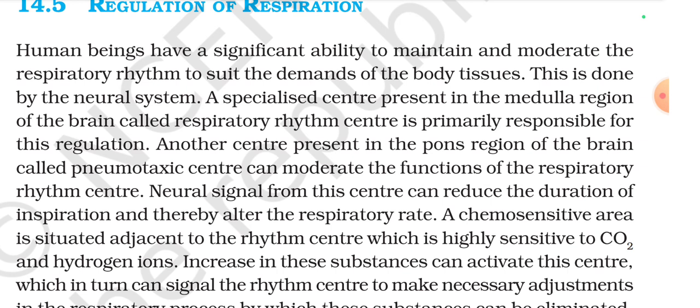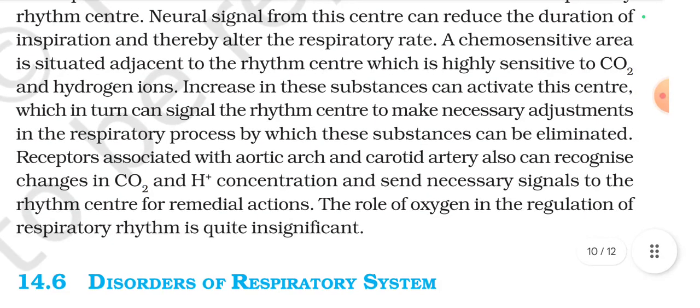Another center present in the pons region of the brain called pneumotaxic center can moderate the functions of the respiratory rhythm center. Neural signal from this center can reduce the duration of inspiration and thereby alter the respiratory rate.